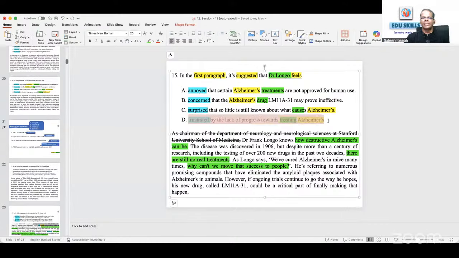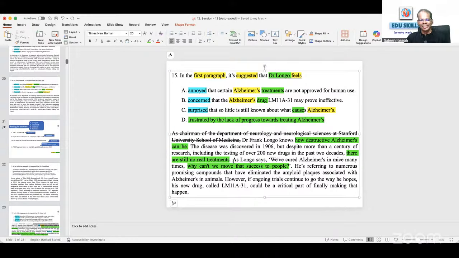The rest you need not understand at all. If it doesn't mean OET, you have to understand everything. If you know the strategies, you need not understand the content. Okay, let's see the content. Frustrated by the lack of progress towards treating Alzheimer's. You can think of lack of progress. There are still no real treatments. Lack of progress, right?